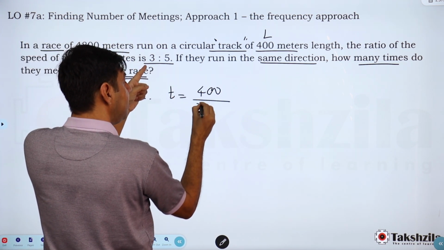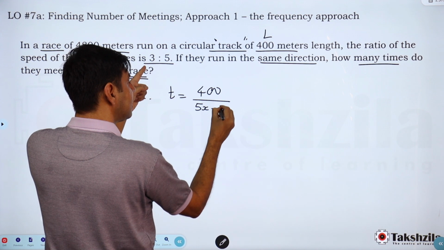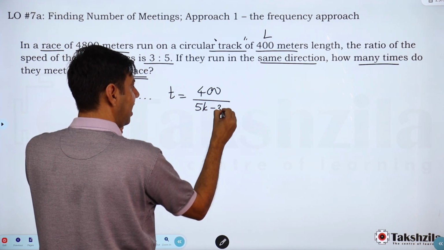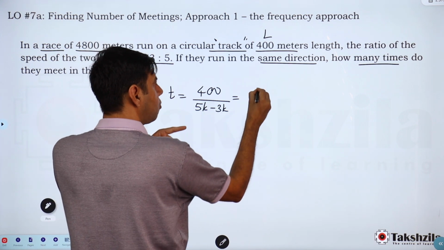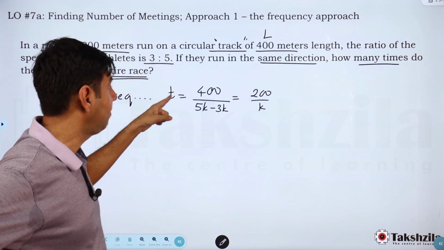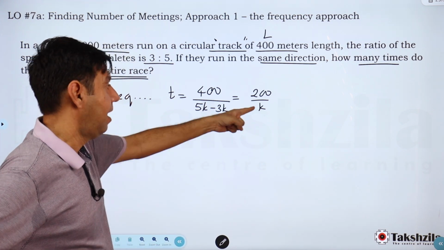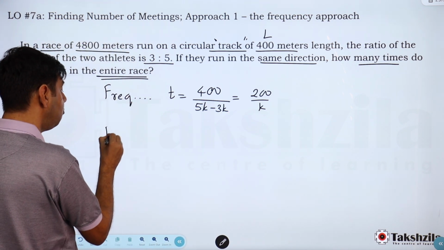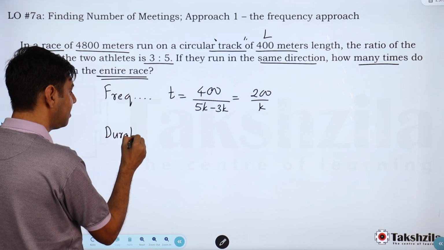The relative speed is 5x minus 3x, or if you prefer a k, 5k minus 3k. That is 2k, so 400 by 2k, that is 200 by k. We don't know the actual speed, so we cannot find the actual time, but we have got it in terms of k.